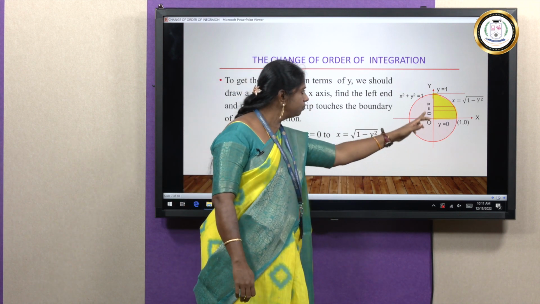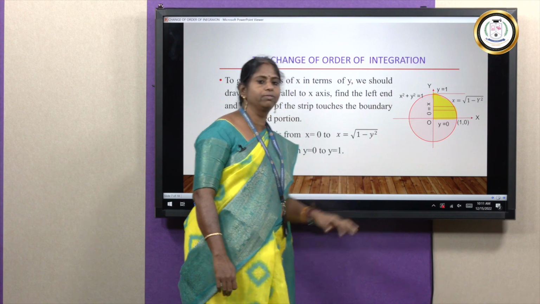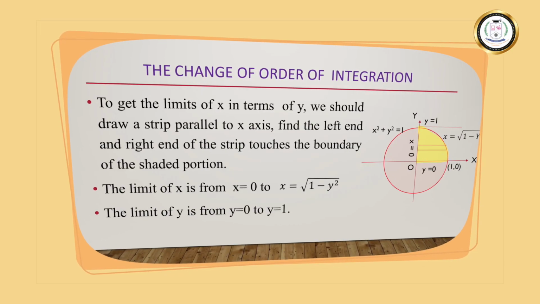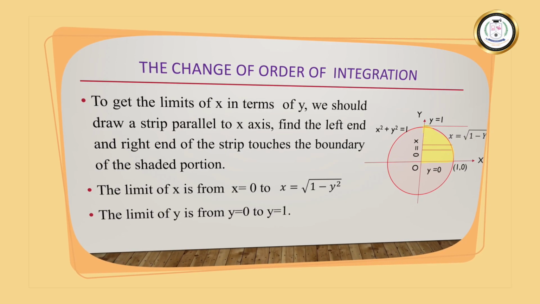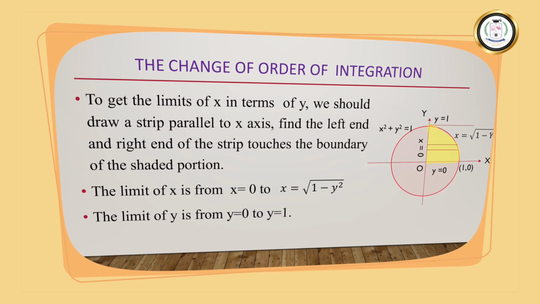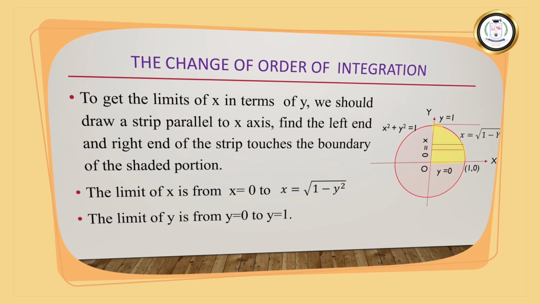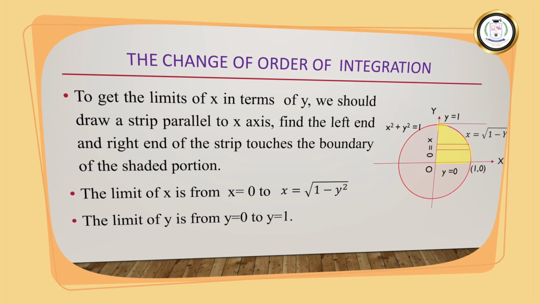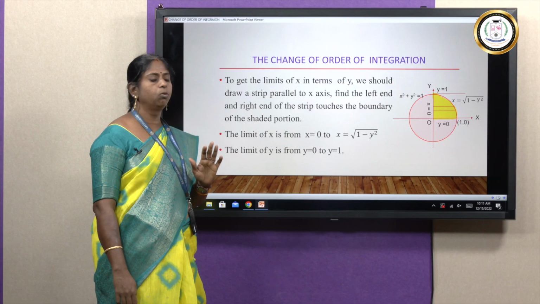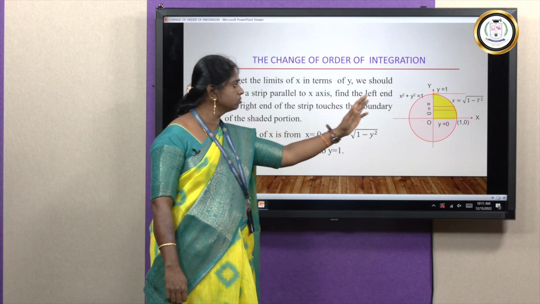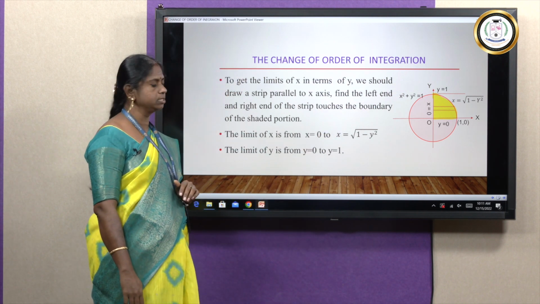So now you see the left end of that strip. It touches x is equal to 0, and the right end touches the circle equation. From that I may find out what x is. x is equal to square root of 1 minus y square.